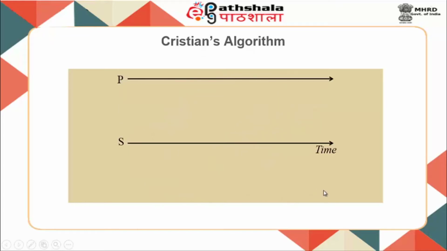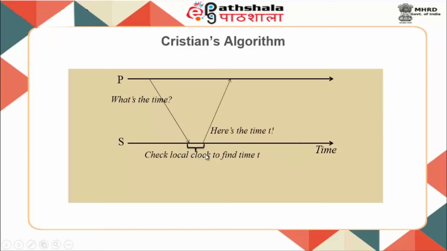This is called a timeline diagram, where every process is represented using a line, and this is how time goes. Here is our example, where P is a process asking the time server S what the time is, and the time server checks its time and sends it back, saying here is the time t.